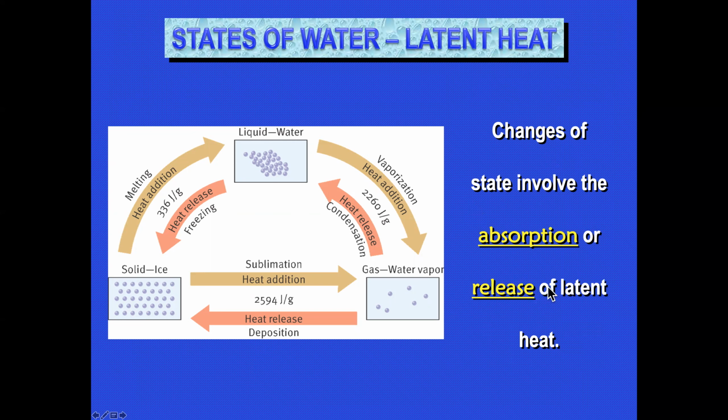If it releases heat, it warms the environment. If it's required to absorb heat in order for it to happen, like when evaporation takes place or vaporization, then the net result is you feel cooler. But that's latent heat. Think of the term latent. It happens after something else happens.